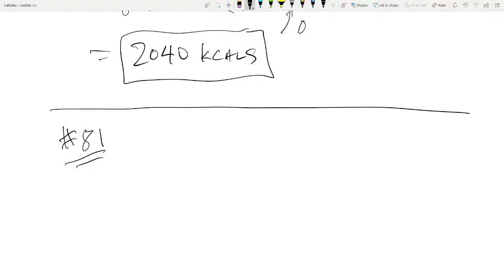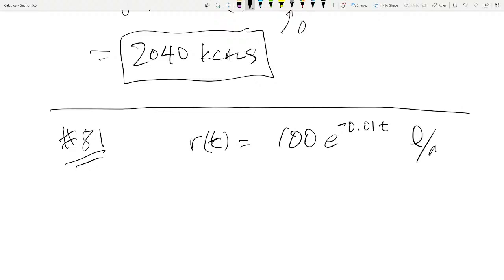Number 81. This one's about an oil storage tank that ruptures, and then oil leaks, and they give you the rate. So the rate is R of T equals 100 e to the minus 0.01 T, and this is in liters per minute.